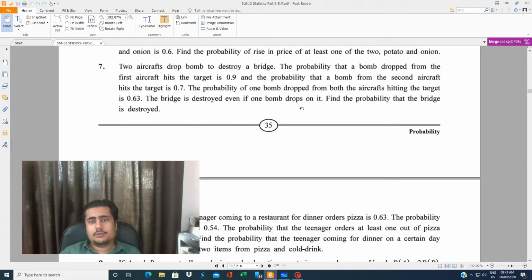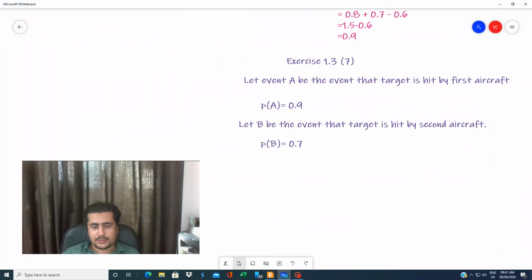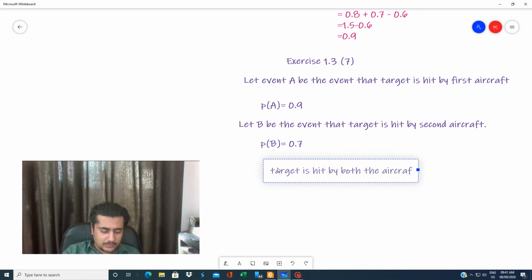The probability of one bomb dropped from the both aircraft hits the target. Now they are telling that both the aircraft, you can say target is hit by both the aircrafts.